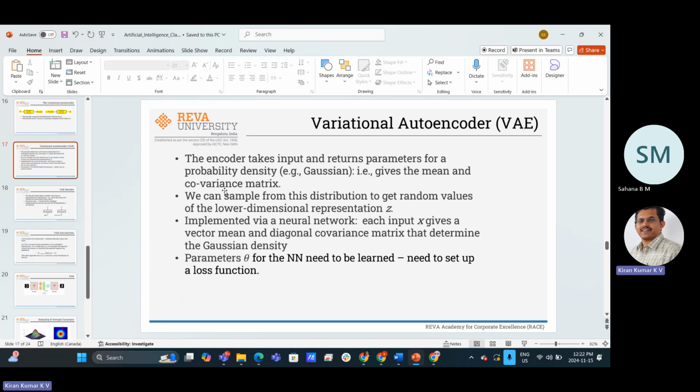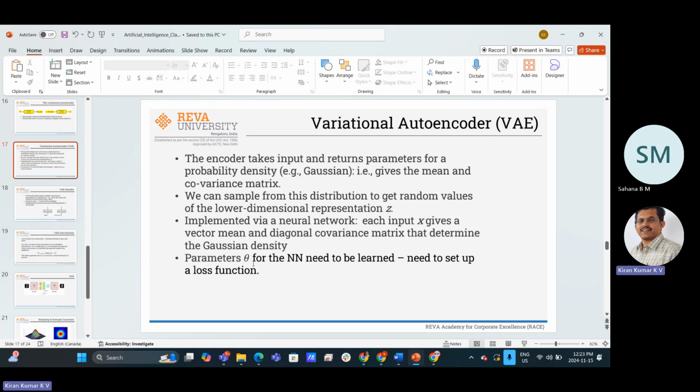We'll sample those values, get some mean value and standard deviation in terms of a covariance matrix and use it to decode. Okay, the input X gives the vector mean and diagonal covariance matrix, which determine the Gaussian density. Okay, this input mean and covariance matrix will give you some Gaussian curve.